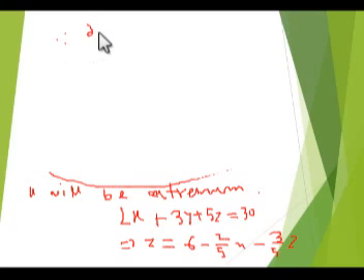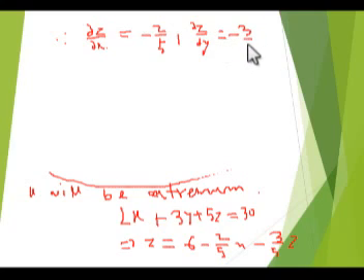We will find out del z, the partial derivative of z with respect to x, which will be just minus 2 by 5, and the partial derivative of z with respect to y, del z by del y, will be minus 3 by 5. Now we will find out del u by del x.